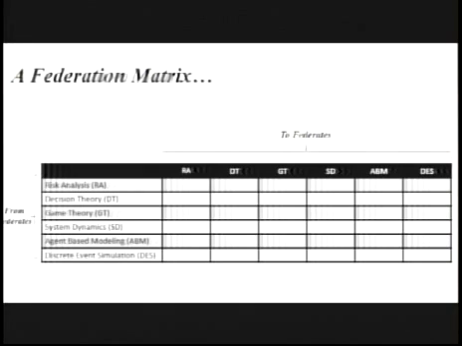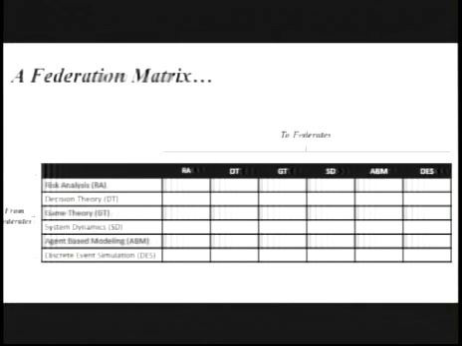Now, to get this federation, you can think of it as building, at least conceptually, this matrix. What I've shown is a 6x6 matrix where I have the modeling paradigms listed along the rows and along the columns. So risk analysis is denoted as RA in the column heading, and so on. For each cell in this matrix, let's go to the first row, third column, with game theory, GT.